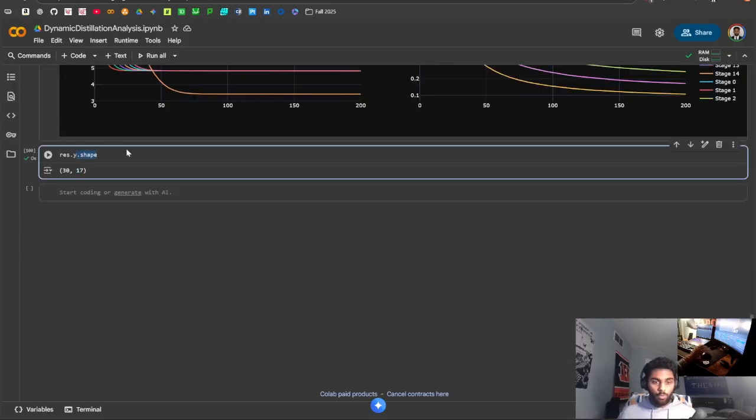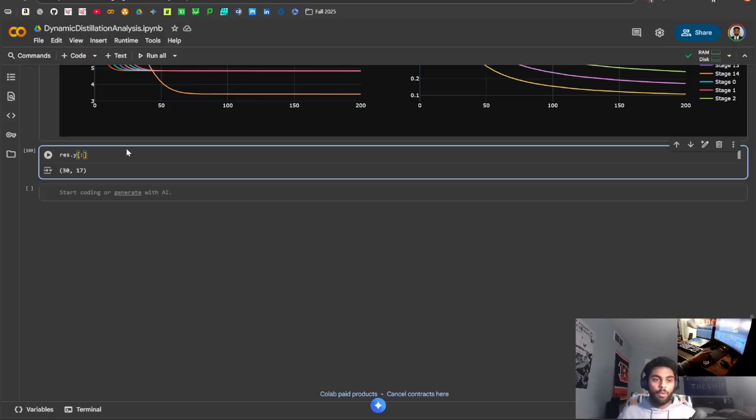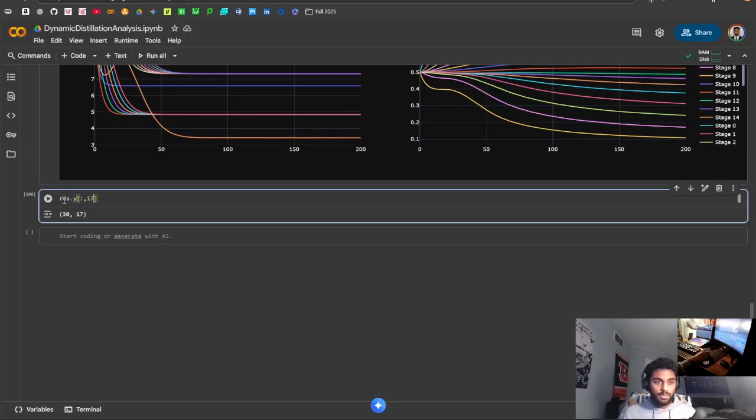So what we really want is everything from our solutions for our y, and we also want the very last time step that we have here, and we're going to split this in half. So np.split. I'm going to split this in 2.